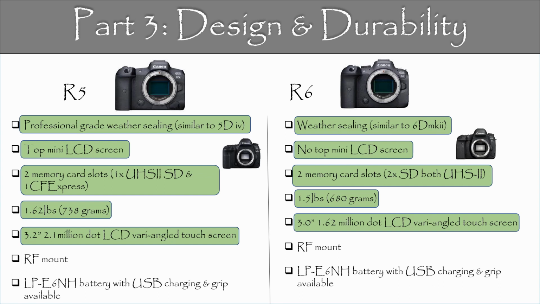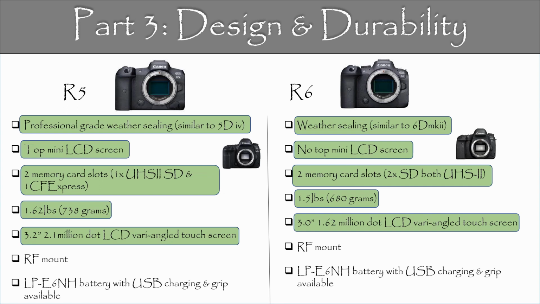The R6 is the lighter of the two, coming in at 1.5 pounds or 680 grams. The R6 also has a smaller, lower quality screen at 3 inches and a 1.62 million dot vari-angled LCD touchscreen.